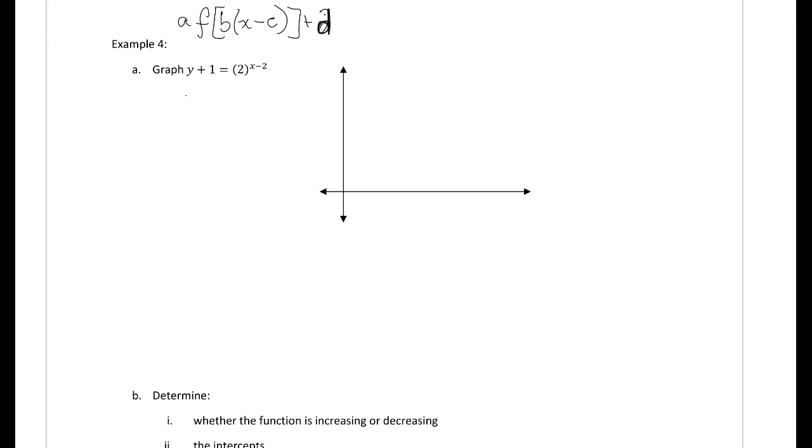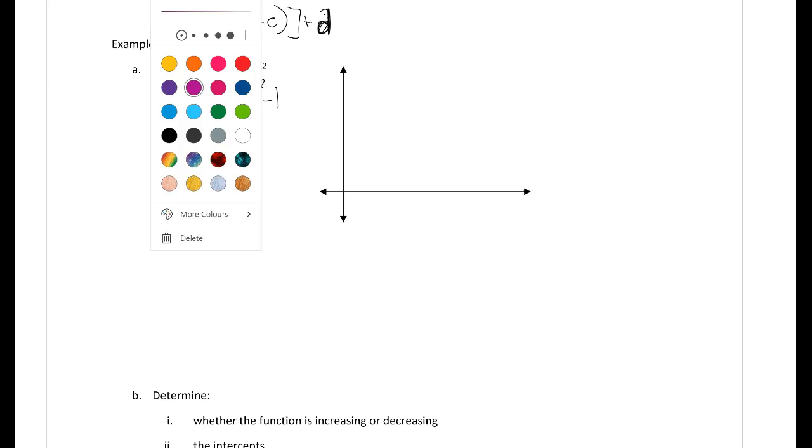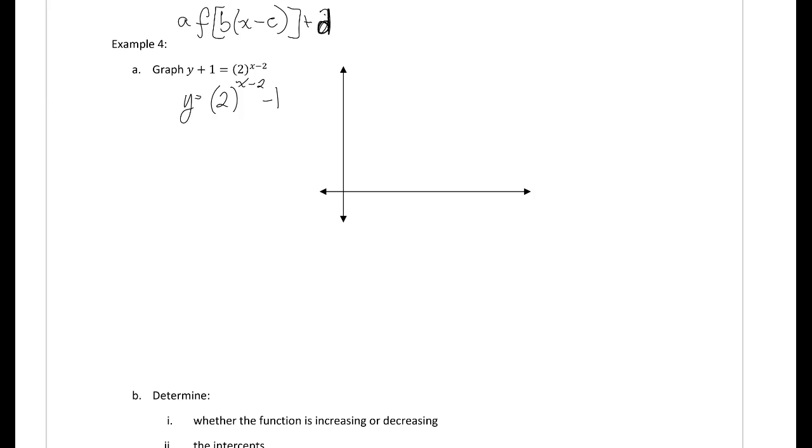You're more than welcome to rearrange that, and that's honestly my personal preference, having everything on that right hand side. Once I've rearranged it, then I can do whatever I want in terms of labeling and predicting. So that's what I'm going to do.